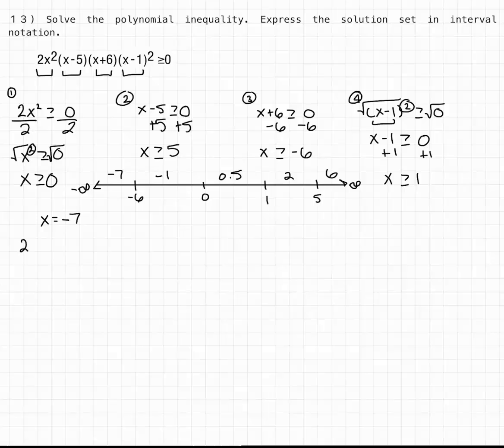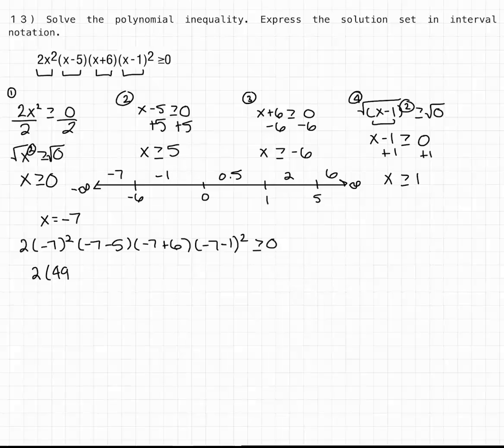When we do that, we're going to have 2 times negative 7 squared, times negative 7 minus 5, times negative 7 plus 6, times negative 7 minus 1 squared, is greater than or equal to 0. Now when we simplify this, we're going to get 2 times 49 times negative 12 times negative 1, times 64, which is positive.